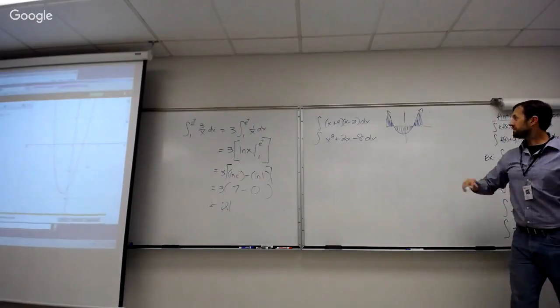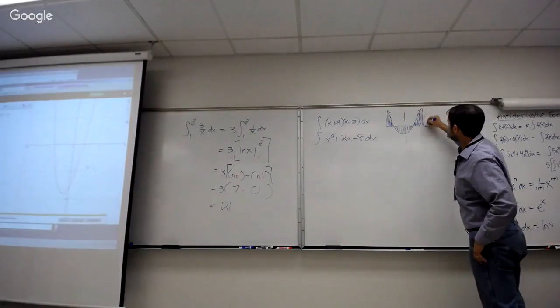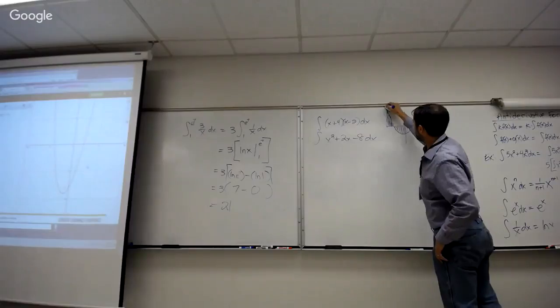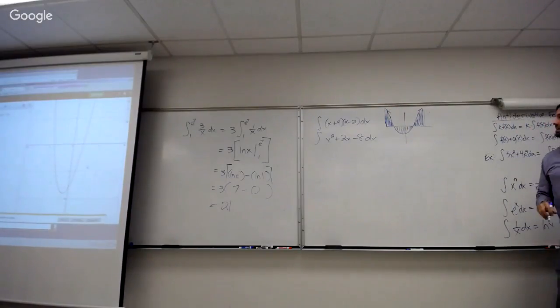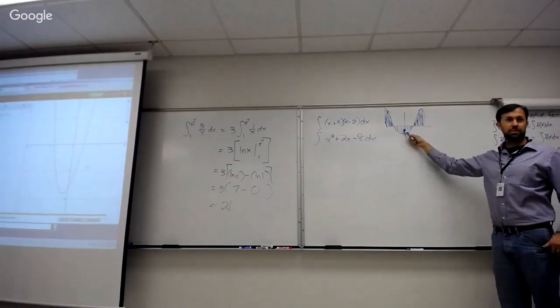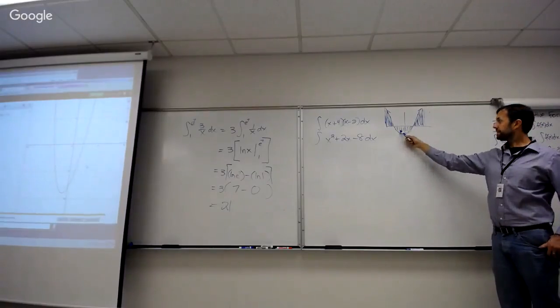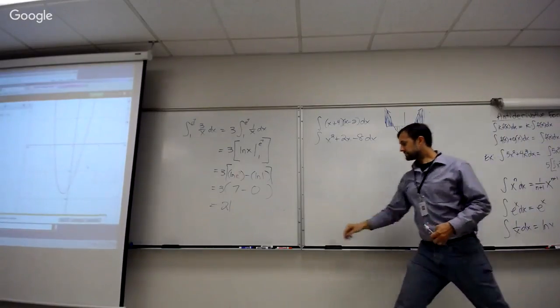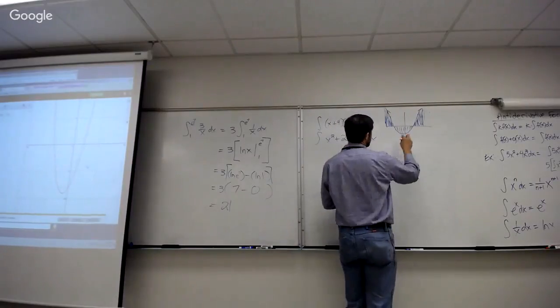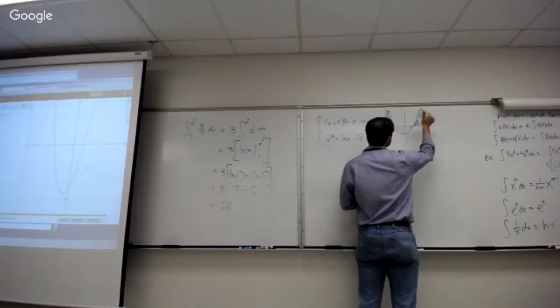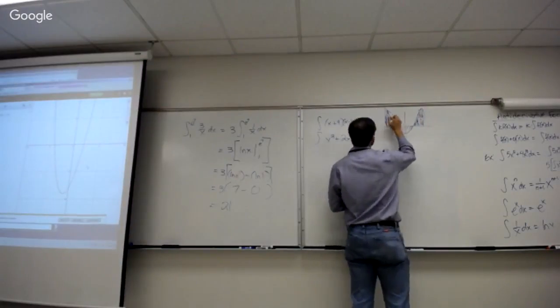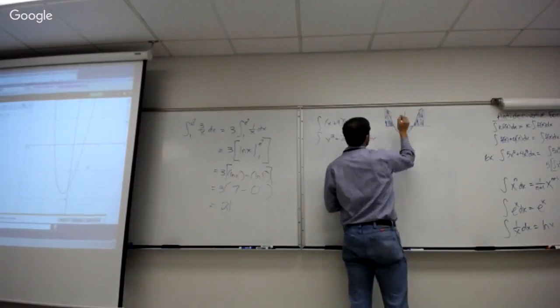Right? Isn't that fun? Isn't that strange? We're always looking for the area trapped between the function and the x-axis. So technically in this region, we would be calculating what? A negative area. In this region, we'd be calculating a negative area. Whereas in this region, a positive area, and in this region, a positive area.